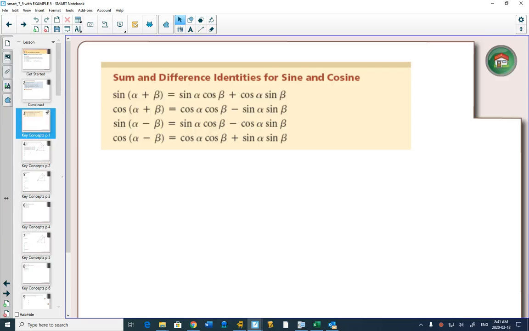And if you did sine of 30 degrees multiplied by cos of 30 degrees and then added cos of 30 degrees multiplied by sine of 30 degrees, you will get sine of 60 degrees. Okay? Now, that wouldn't be very useful because it's much easier to find sine of 60 degrees directly.